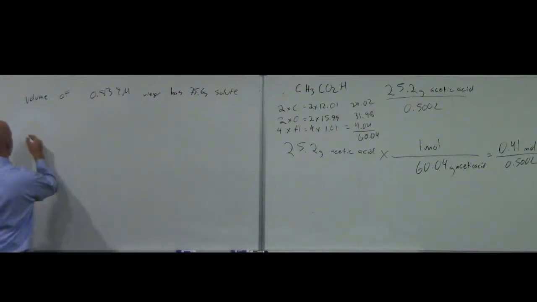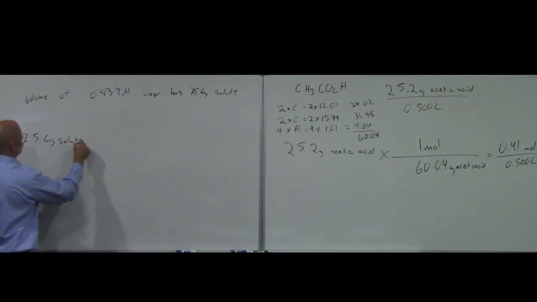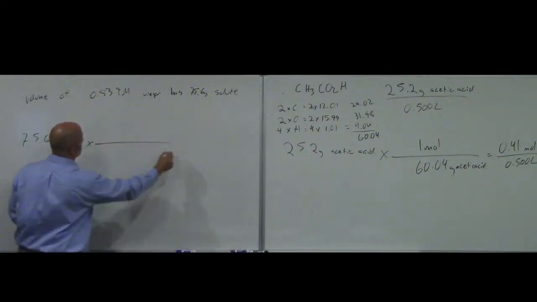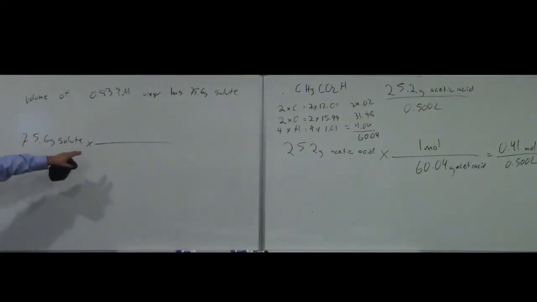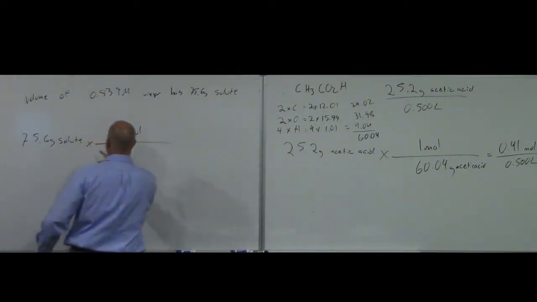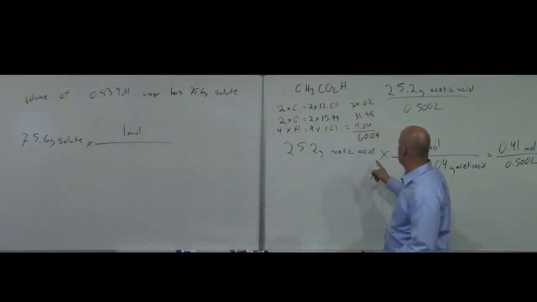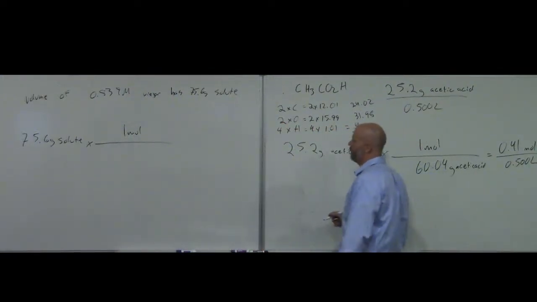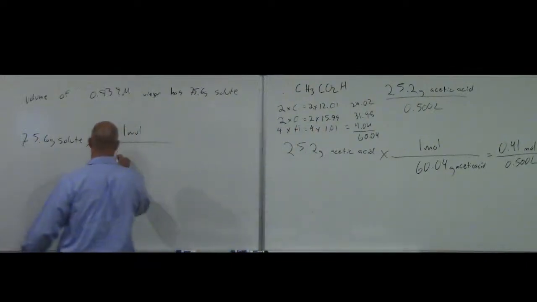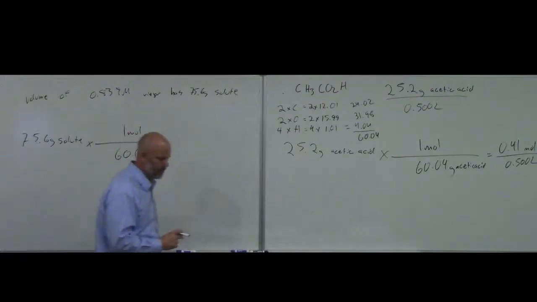So I've got 75.6 grams of solute. And I need to get to moles of solute. So I use my grams per mole, right? So 1 mole over whatever my formula mass is here, right? Which we did, right? 60.04. Okay, so when you run that, what do you get?